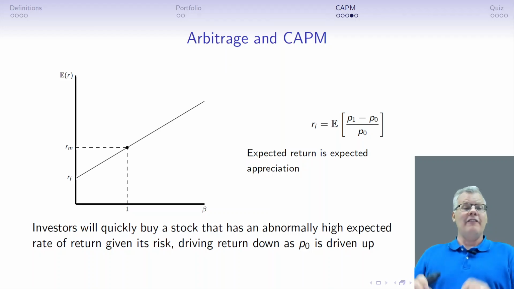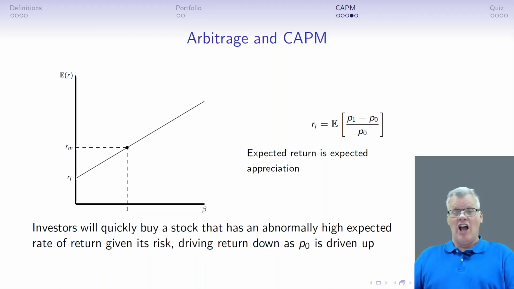So if investors buy up this stock that is expected to earn an abnormal rate of return, as P increases, that drives the rate of return R sub I downward. And that process will continue until R sub I falls back to Earth, where Earth is basically this budget line.